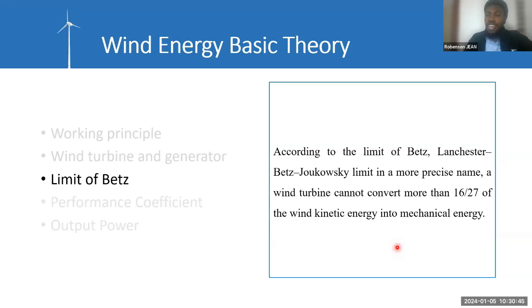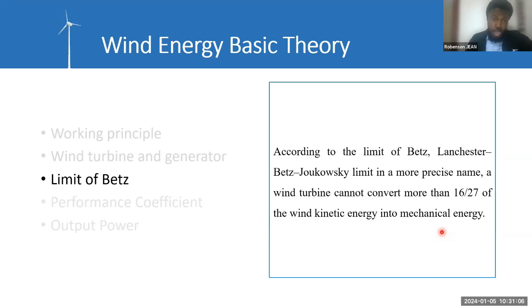There is a limit, and this limit is known as the Betz limit. It means that we cannot convert more than 56% of the wind's kinetic energy available into mechanical energy.